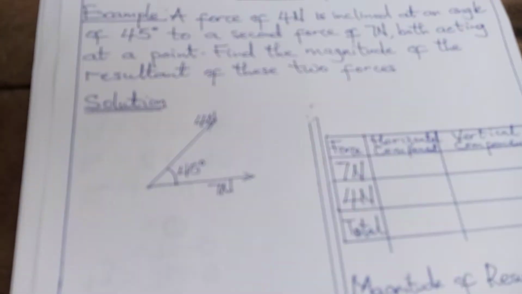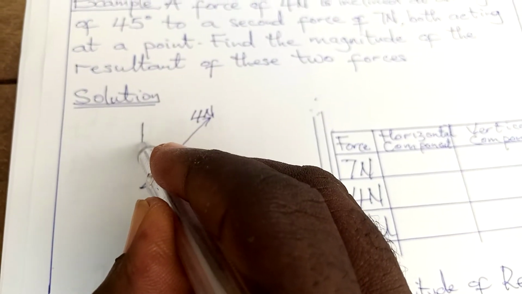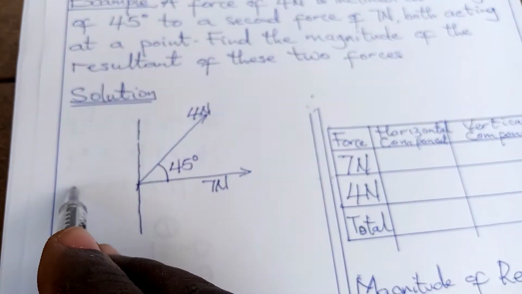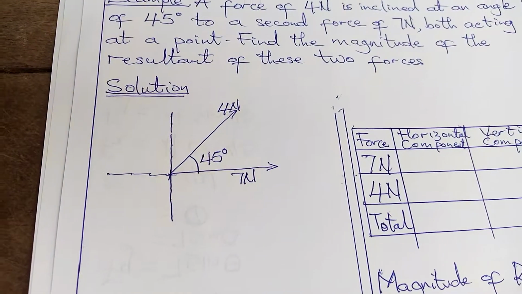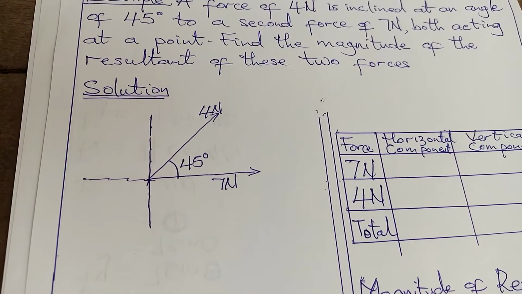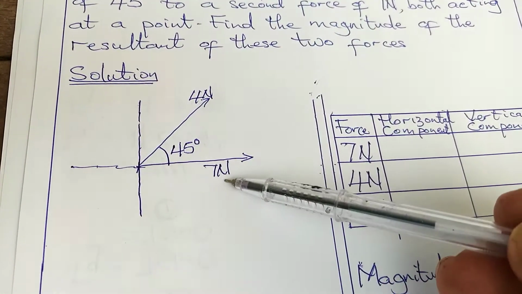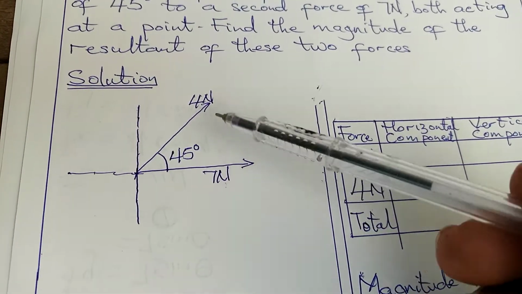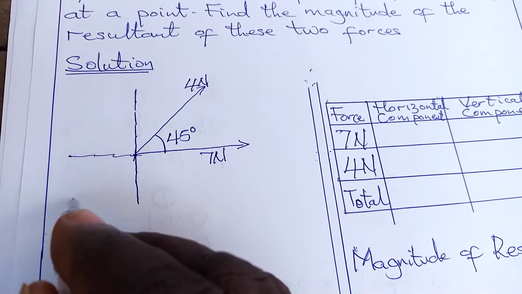What we are going to do now is to complete the diagram by drawing both the x and the y axis. So in finding the resultant of these two forces, we need to resolve the two forces into both horizontal component and vertical component.